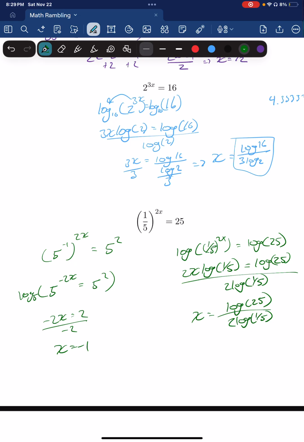Okay. Both of these are correct answers, and this is just two different ways to get there. I don't know which one makes more sense to you. Personally, I like this way. I think this makes more sense to me. But you wouldn't be able to use your calculator for it. So if you wanted to use your calculator, you'd have to do this way.